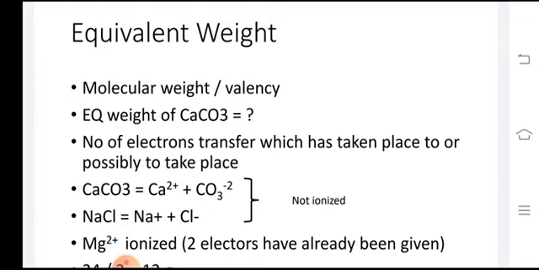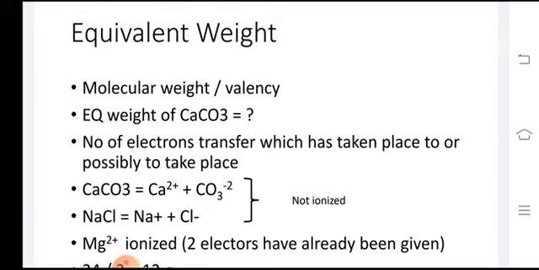What is equivalent weight? When we try to understand how much potential this compound has to react with some other compound, we need to express it in terms of valency. So the molecular weight divided by the valency is going to give us the equivalent weight of that compound, molecule, or atom.